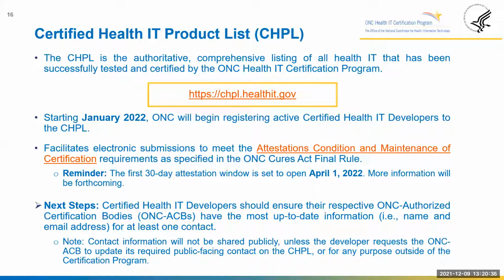Each certified health IT developer has a contact and contact information that is required to be published on the CHPL alongside that developer's health IT. But unless the developer specifically asks its ONC ACB to update that required public-facing contact on the CHPL, any contact information shared for granting access to developers on the CHPL will not be made public. It'll be for internal use only.